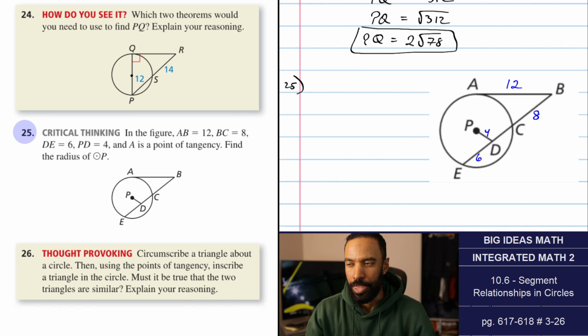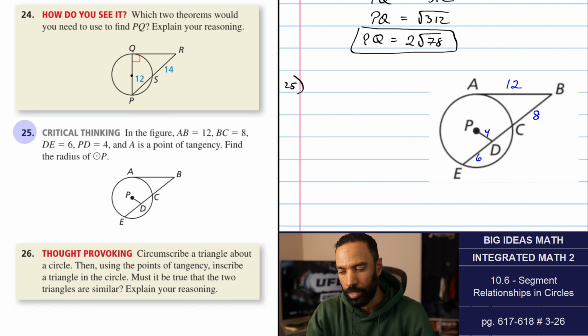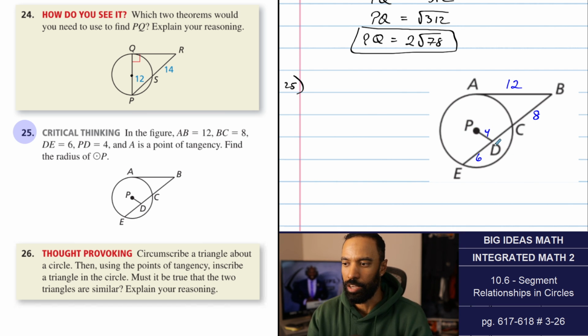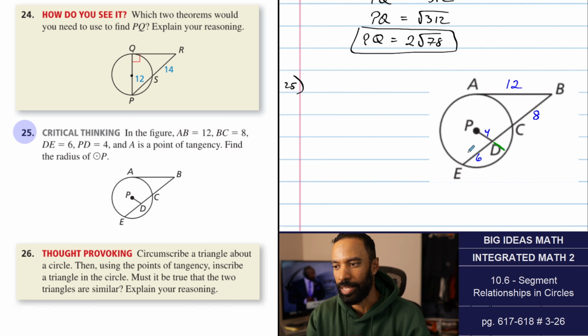Okay. I think I have it. I don't know if it'll work. I think it should work. So I was talking about maybe extending this thing out, and that could work. But the thing I was thinking of was, how do I figure out what this thing is here? Because what I really want to do is say this times this equals this times that.